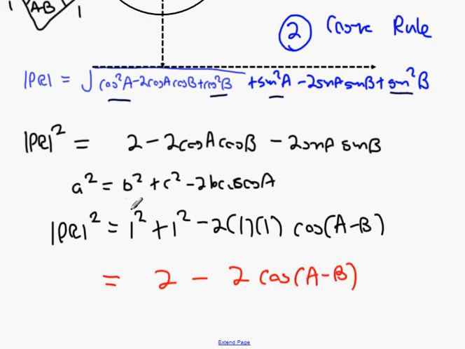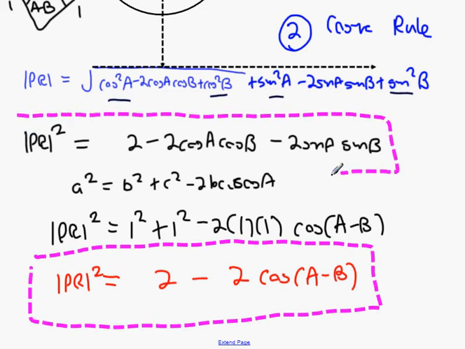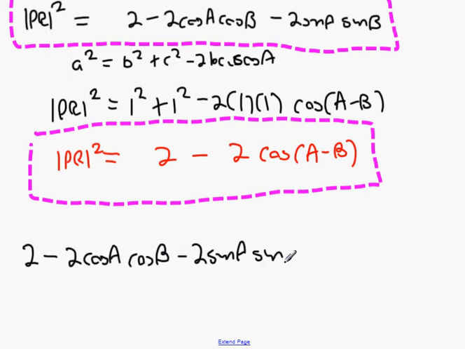I have two formulas for PQ squared now. I have this formula here that I've just created less than about 10 seconds ago, and I have this formula here. These formulas have to be equal to each other. So by putting the two formulas in the boxes equal to each other, you're going to get 2 minus 2 cos A cos B minus 2 sin A sin B equals 2 minus 2 cos(A minus B).